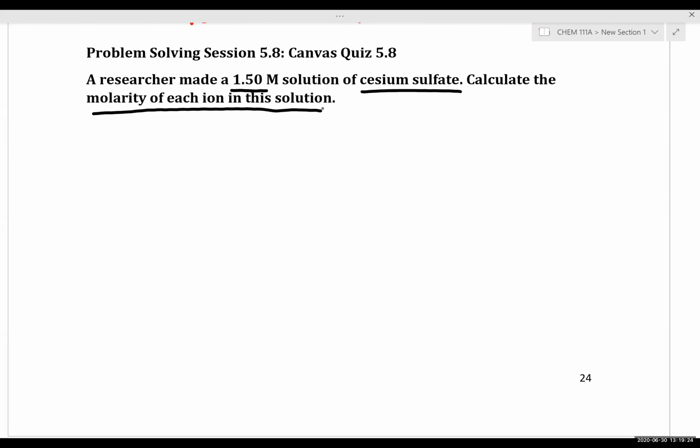So don't be shy to submit your responses in the chat, ask any questions verbally or in the chat, or submit your proposed responses under Canvas Quiz 5.8. And we'll discuss this example in about 3 minutes, and just be really careful with your formula assignment, as that's key to solving this problem.